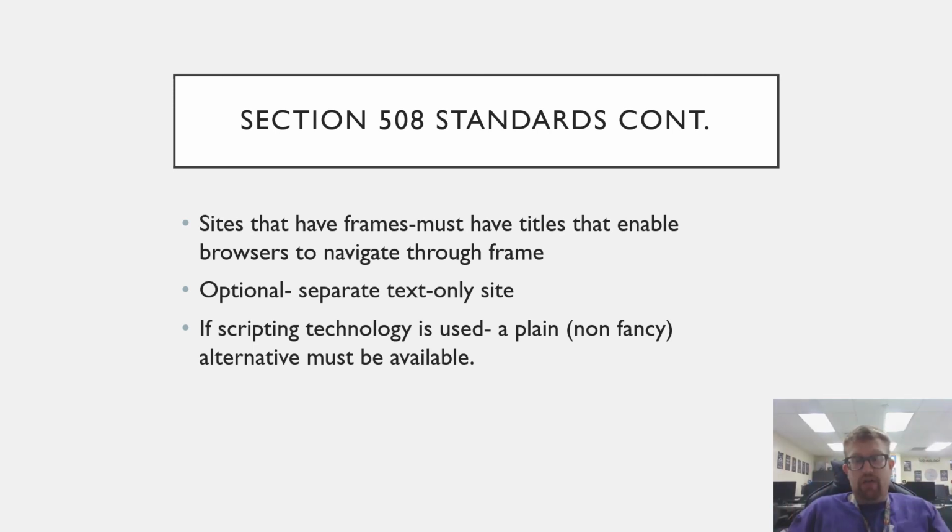Essentially, if you have stuff around your website in different frames, you have to have titles that will let you navigate through the frames and read the content through them. It's optional, but you can have a separate text-only site if you so choose. And if scripting technology is used, a plain, non-fancy alternative must be available.